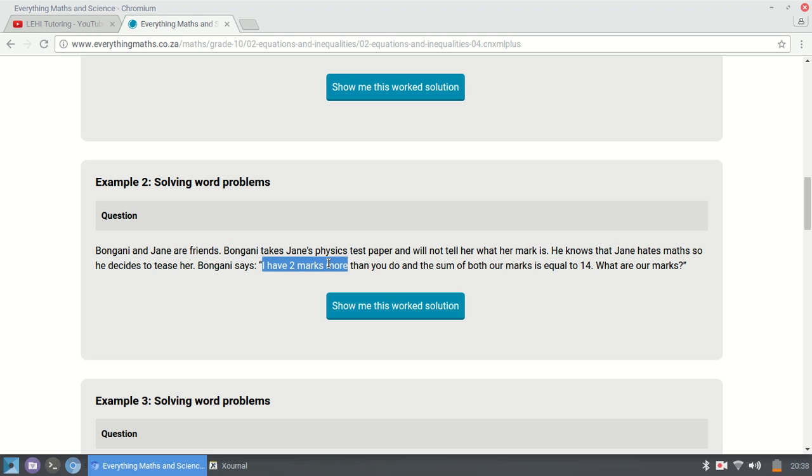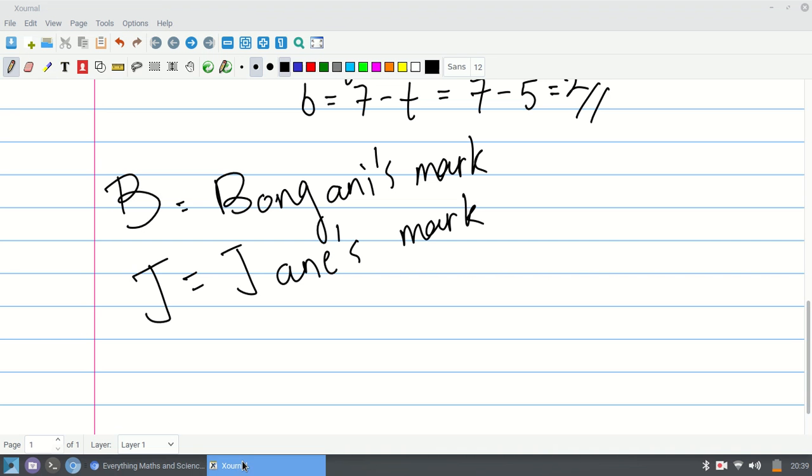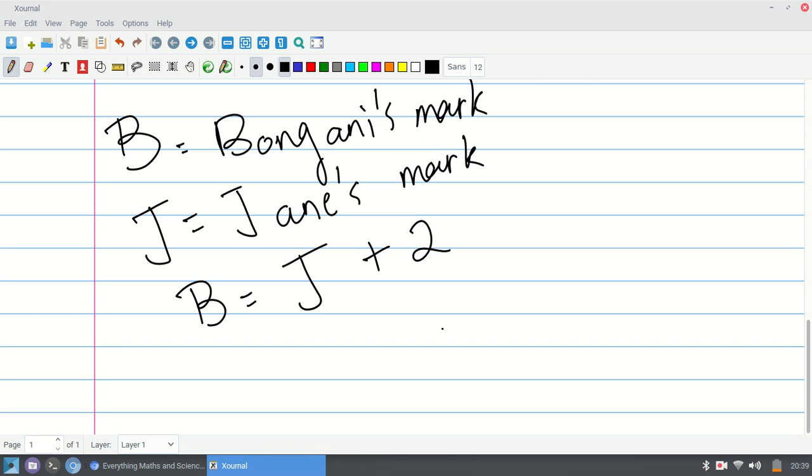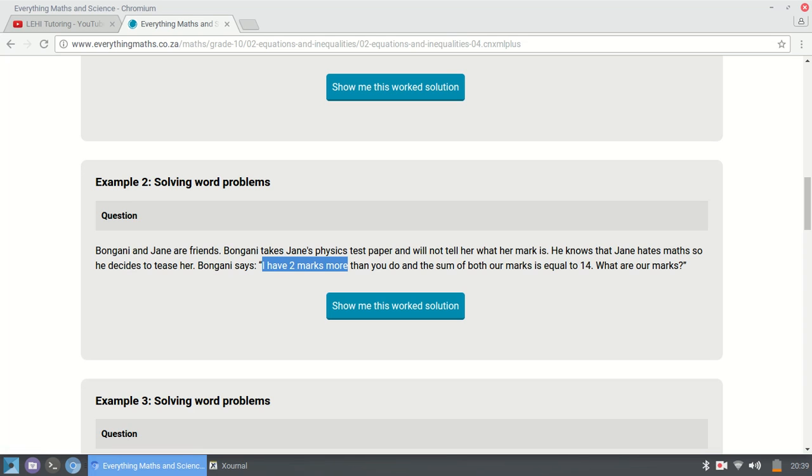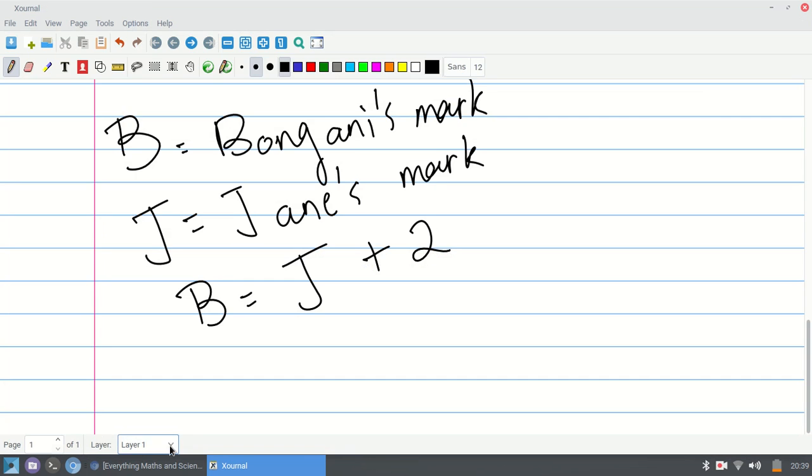Bongani says, I have 2 more marks than you do, and the sum of both of our marks is equal to 14. Well, that must mean that Bongani's mark is equal to Jane's mark plus 2, and that the sum of both their marks is equal to 14. So Bongani's mark plus, sum means plus, Jane's mark equals 14.